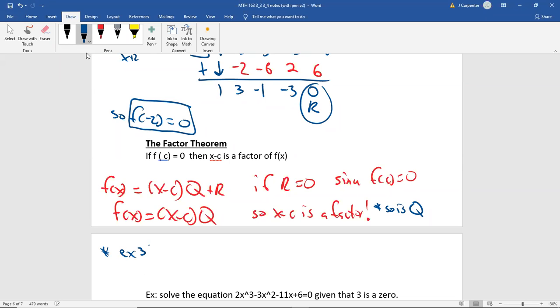So what that means is, for example, example 3b, which was x to the 4th plus 5x cubed plus 5x squared minus 5x minus 6. Because it had a 0 remainder, it was factorable, and the factored version is x minus the number we used times whatever the quotient was.